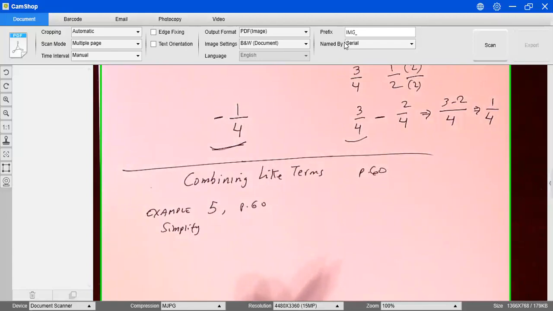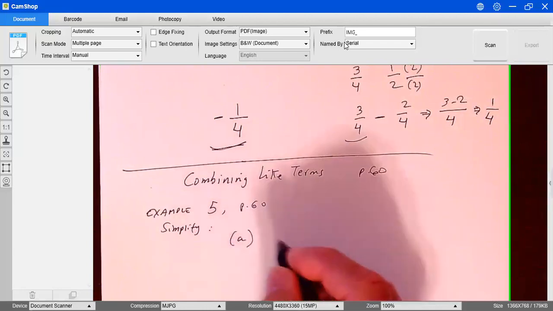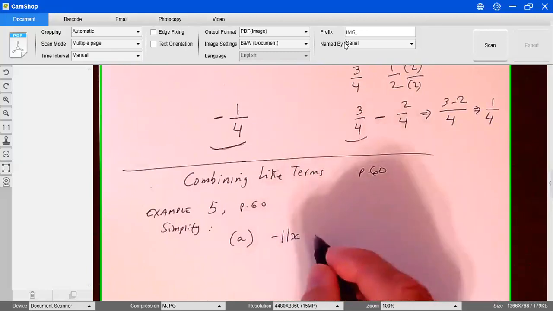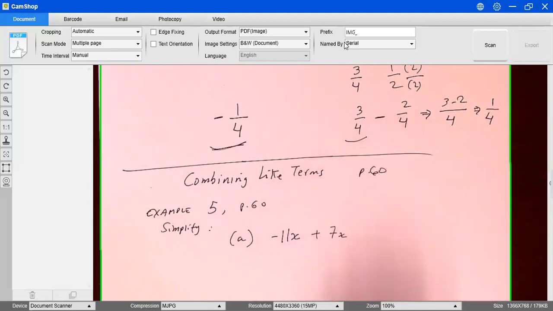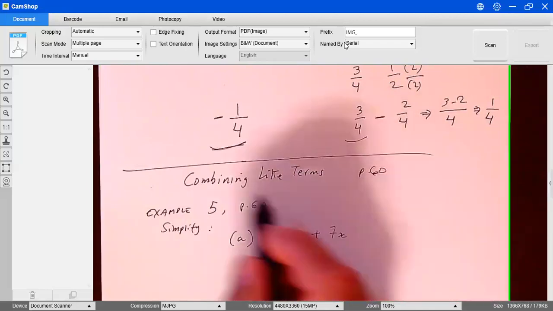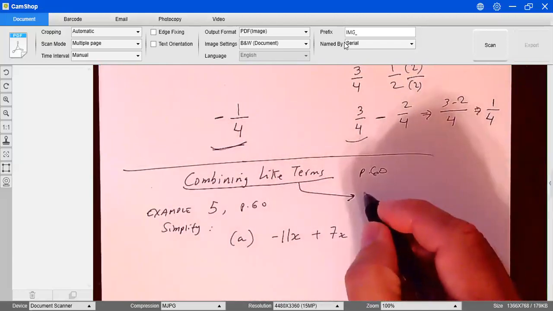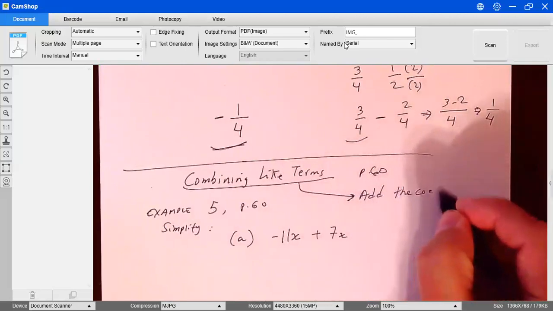So we're going to need to check whether the terms have the same sign or different sign. So in the first case of example 5, we have negative 11x plus 7x. So what is the main rule when you combine like terms? You're going to do the addition, you're going to add the coefficients.